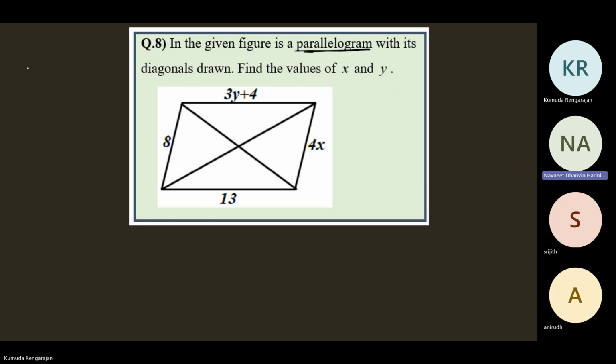Ma'am, 4x is equal to 8. x is equal to 8 by 4. x is equal to 2. Correct, because opposite sides are equal. Okay, then y?